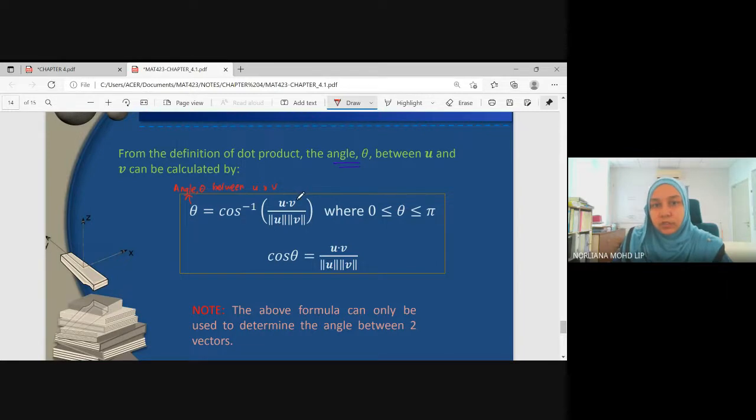So in this numerator, you have to find the dot product between U and V, where theta is less than or equal to 180 degrees or pi, and greater than or equal to 0.